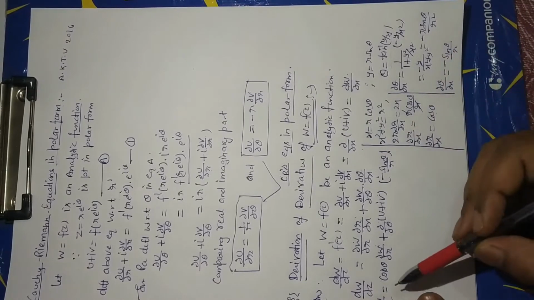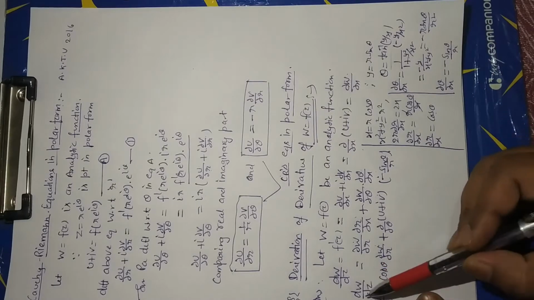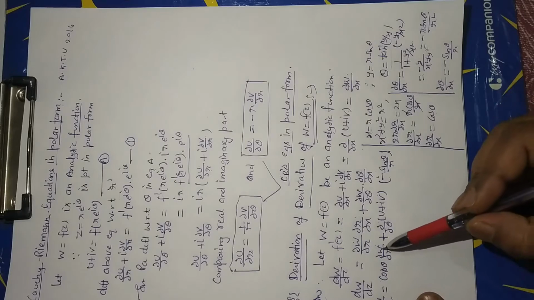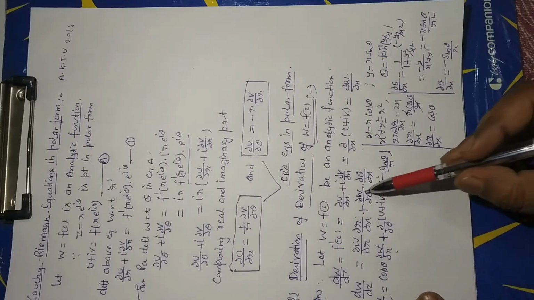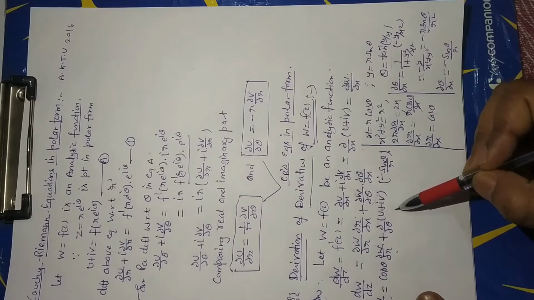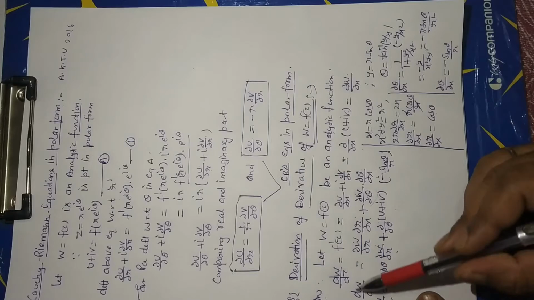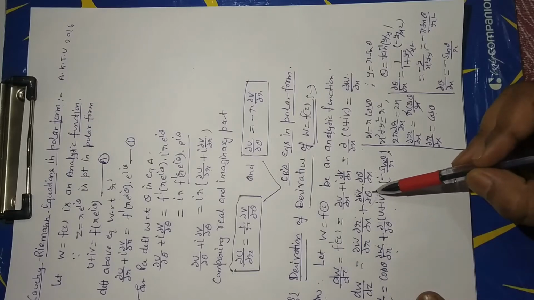Since we want the derivative of the function in terms of del W upon del r, now we break del W upon del theta. Now in the second term we want del W upon del z in terms of del W upon del theta.